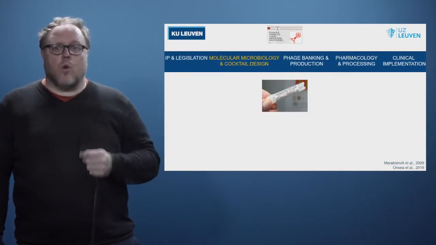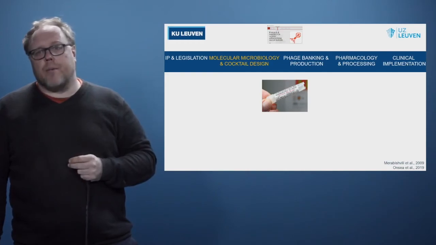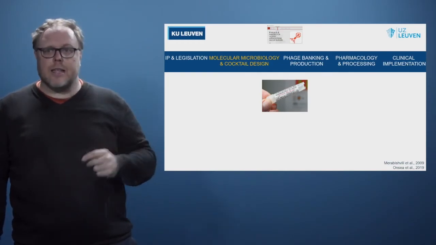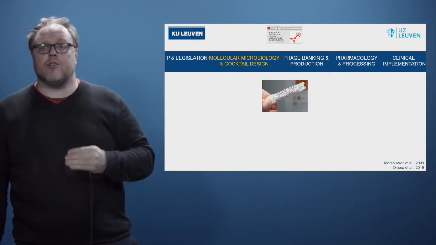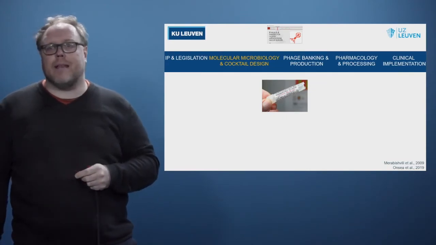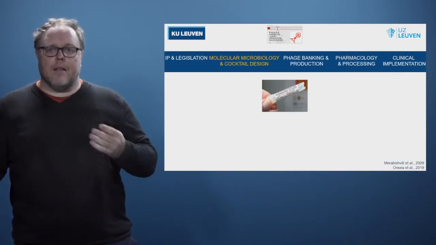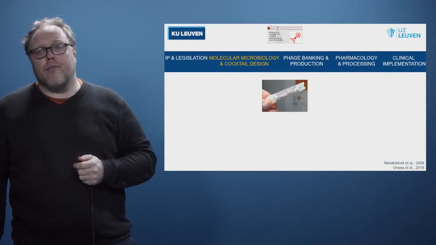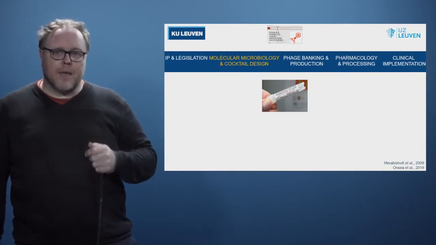All of this is, of course, one aspect of introducing phage therapy to patients. There are legislative issues, production issues, processing issues, and of course the clinical implementation. And we're responsible for the molecular safety and the aspects that I described to you before. And this then results in phage cocktails that can be used.